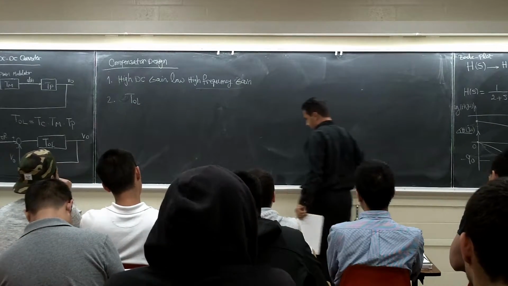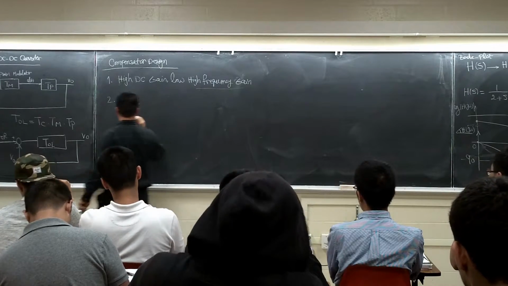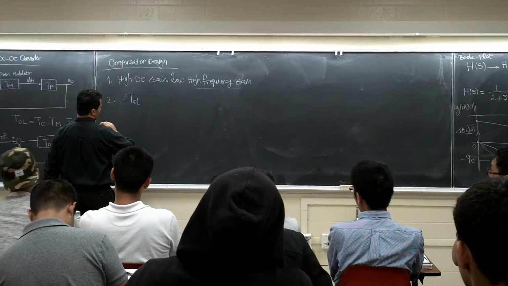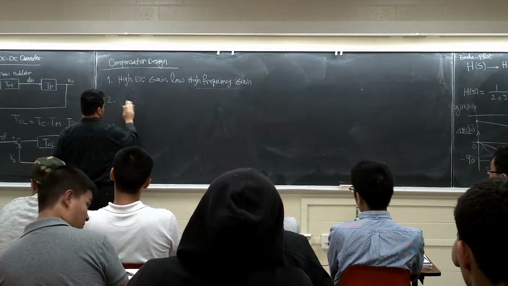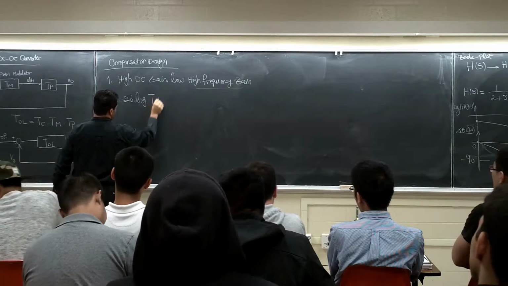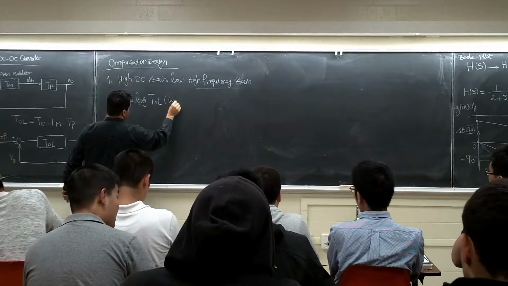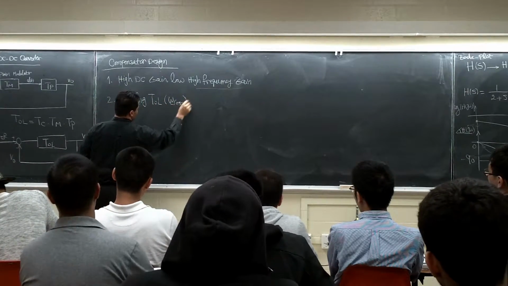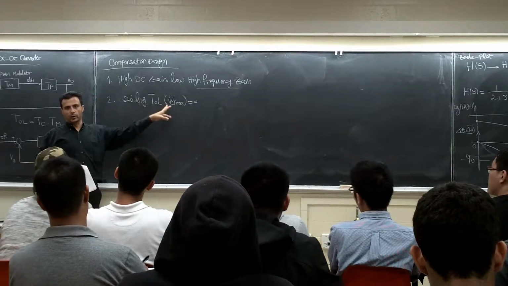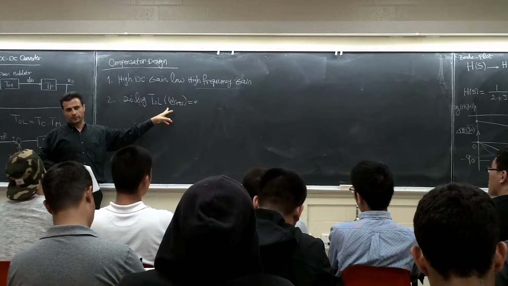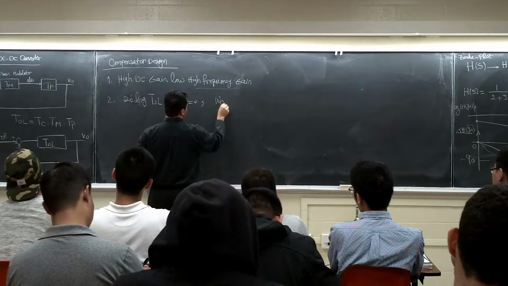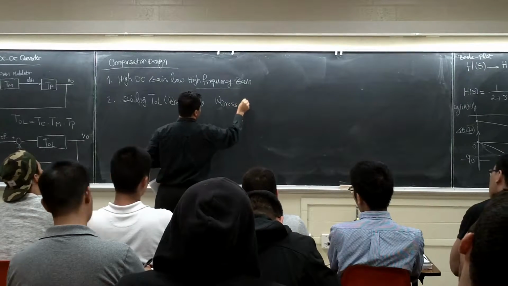So we said, let me put it here. This is a crossover frequency, right? When the 20 logarithm of T(OL) is 0, we want omega cross as high as possible.